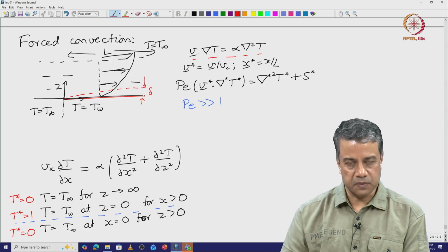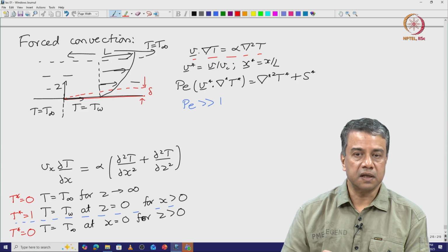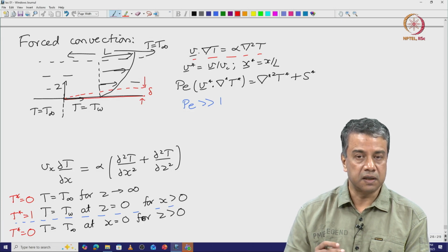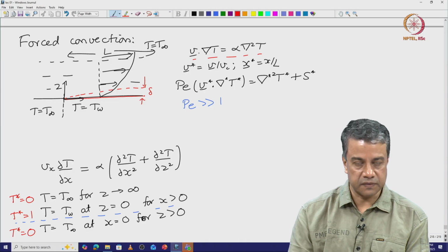If delta is small, then the heat flux, which is the temperature difference divided by the distance, is large, and it could be of the same magnitude as the convective term, provided delta is sufficiently small.